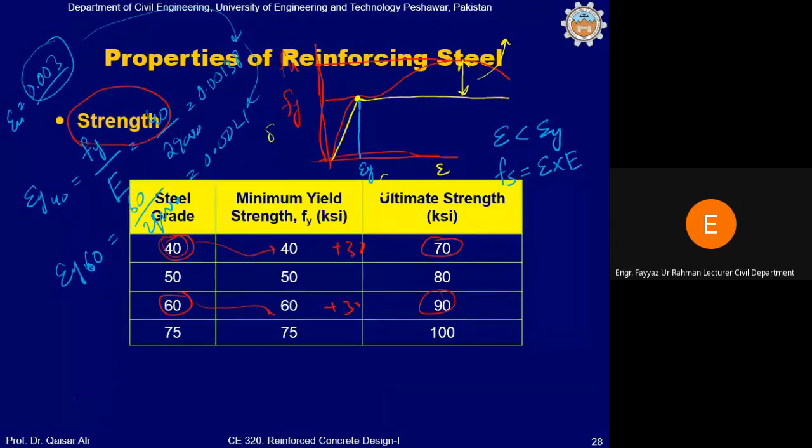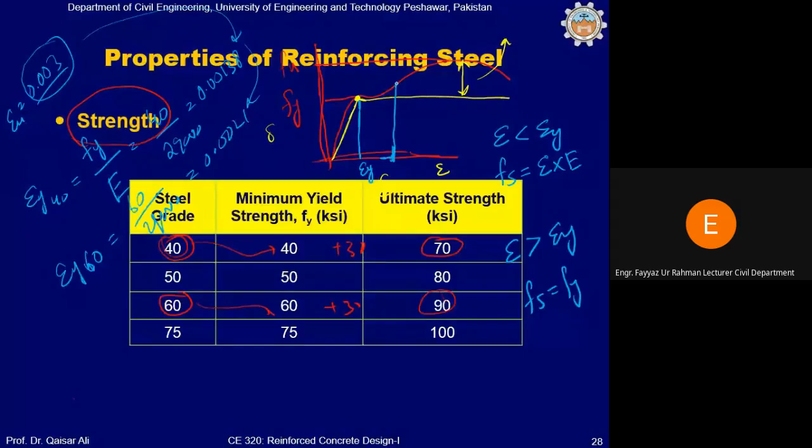Clear? And if strain in reinforcement is greater than the yield strain, then directly Fs will be equal to Fy. That is, stress in reinforcement can be directly taken equal to Fy, because actually the stress in reinforcing bar will be greater than Fy.